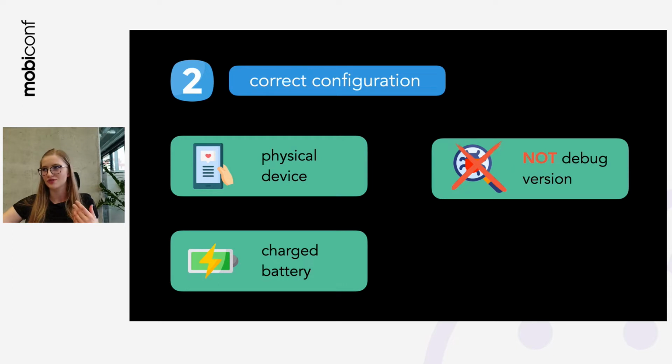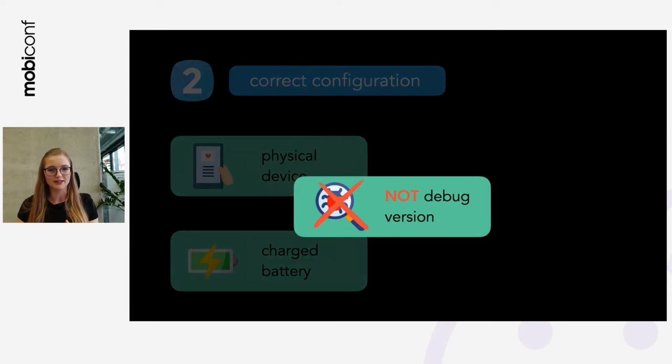And I would like to stop for a moment and explain this point, because I think this information may be important, even if you don't use benchmarks, but for measuring app performance in general. So why may it be important to not use the debuggable version if we want to measure performance? That's because the performance of the debug version is not the same as the performance of the release version.